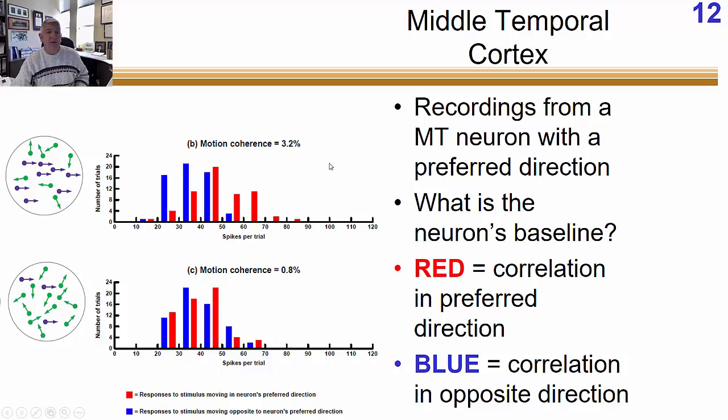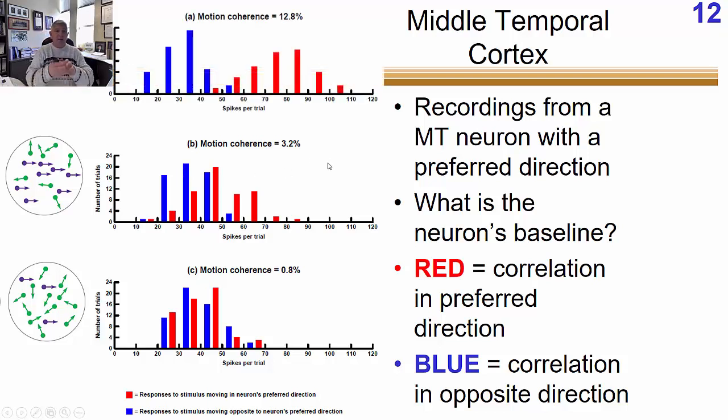And then as we make even more dots correlate, it really separates out so that when the dots are moving from left to right, which is this neuron's tuning curve, its preferred direction, we go from a baseline firing rate of around 40 up to firing around 80 or 90 times. And if it moves strongly in the opposite direction, we go from that 40 and we have an inhibition, so we now reduce from baseline when it's going the opposite direction.